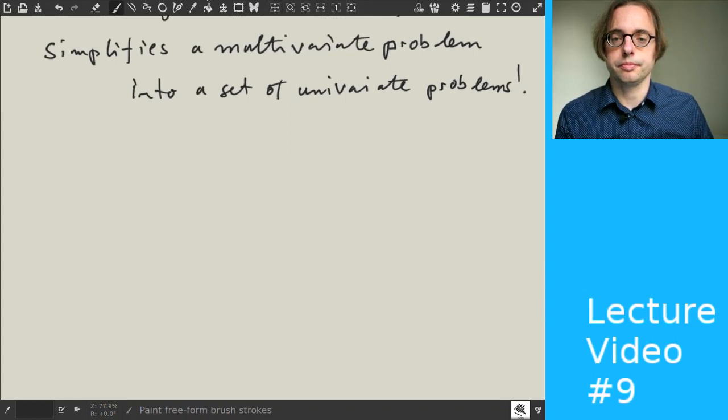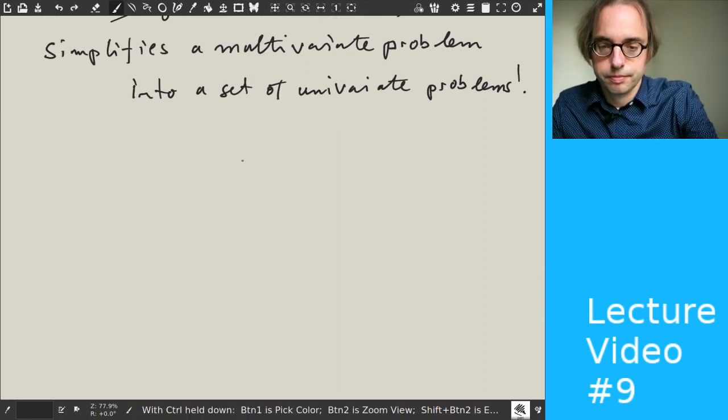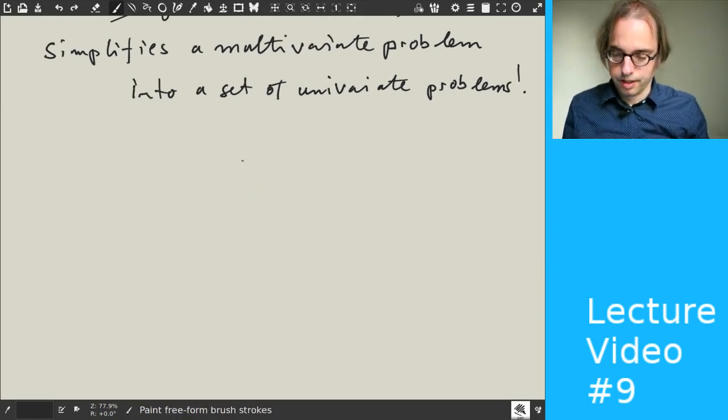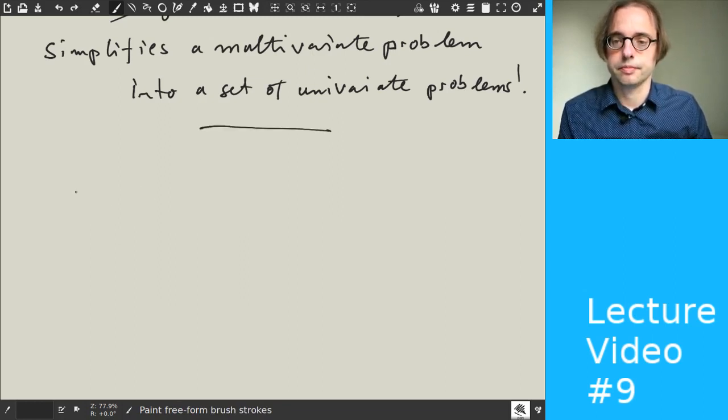So let's look into the general form. We have x distributed from some distribution, and this distribution doesn't necessarily need to be the normal distribution.